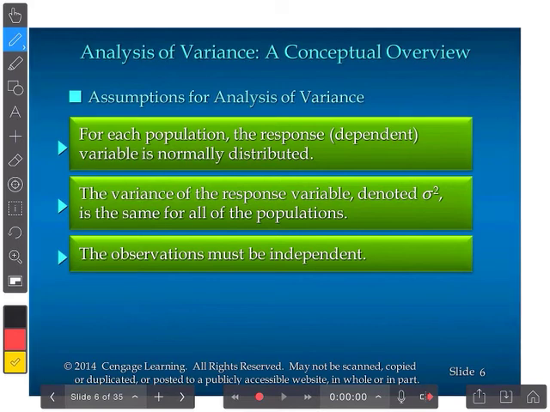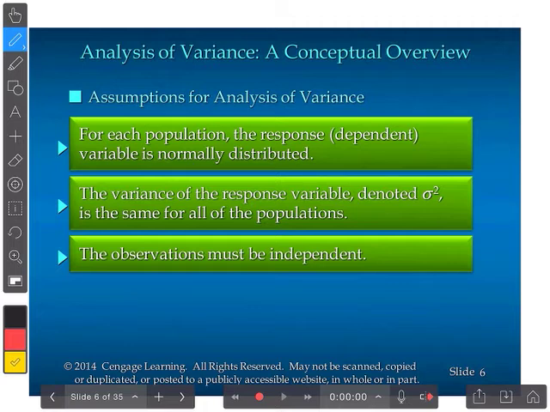Now we need some assumptions, and those assumptions are very important because the technique that we will be using requires those assumptions. So one is that for each of the populations that the samples come from, we say that they are normally distributed. So we have to assume that the populations are normally distributed. The second part is that we will also assume that each of these populations have the same variance.